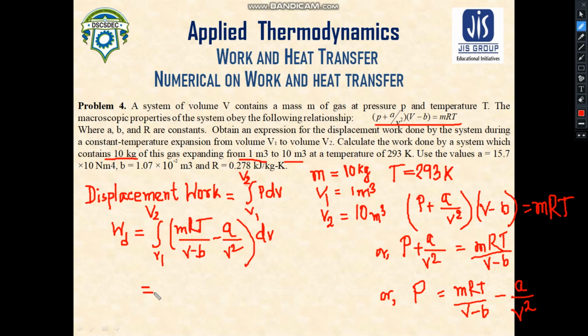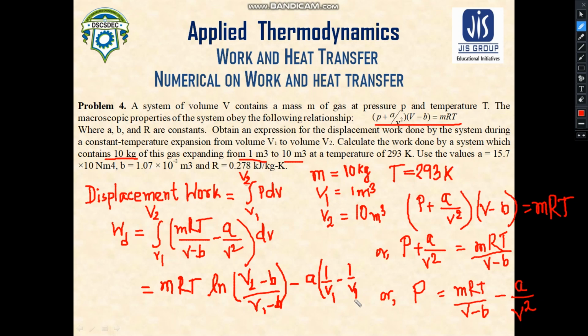I am not going into the integration part because it will take a lot of time to explain. Finally you will get a result of ln of (V2 minus b) by (V1 minus b), and you will get a into (1 by V1 minus 1 by V2).